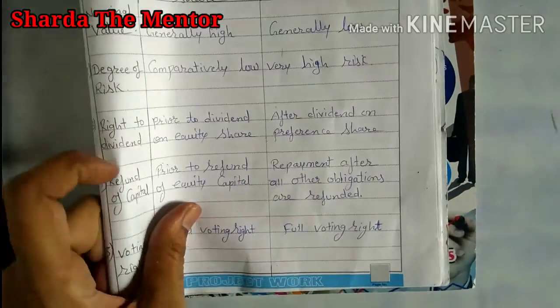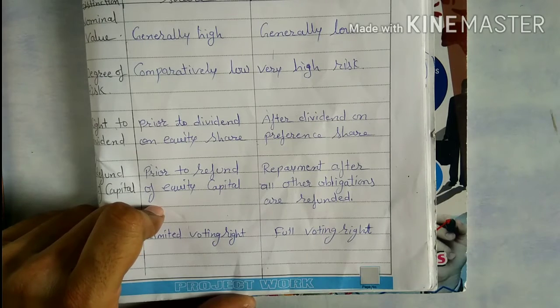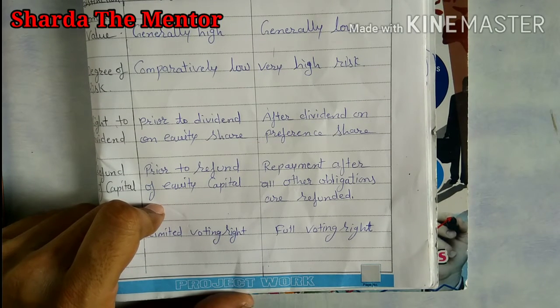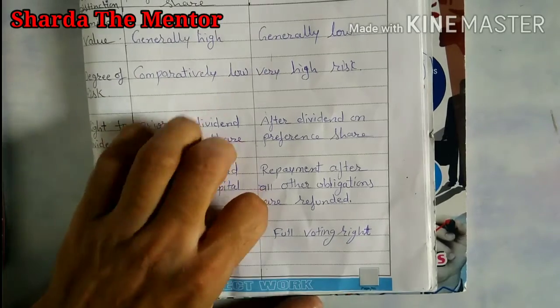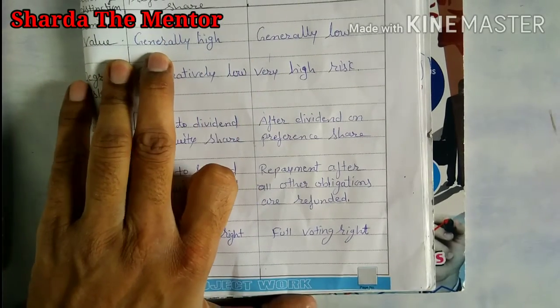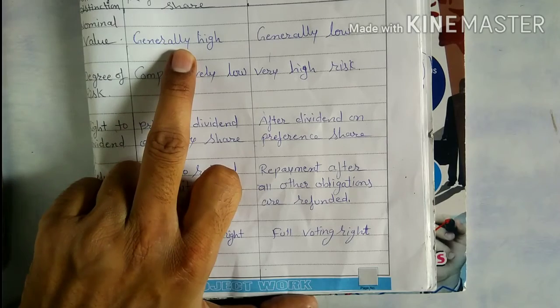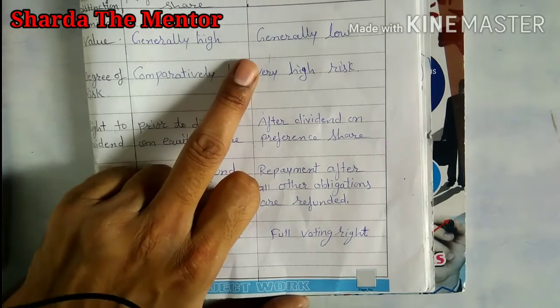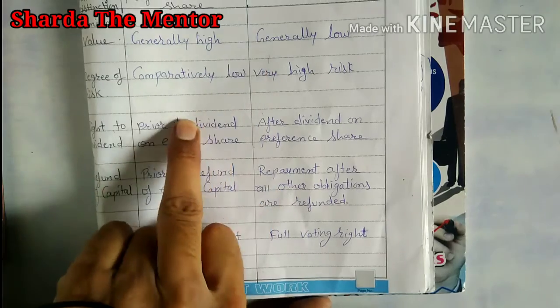Next one, distinction between equity shares and preference shares. We have already learned about equity shares and preference shares, but some differences are easy to remember. Nominal value: the value of a preference share is generally high, while the price of an equity share is generally low.